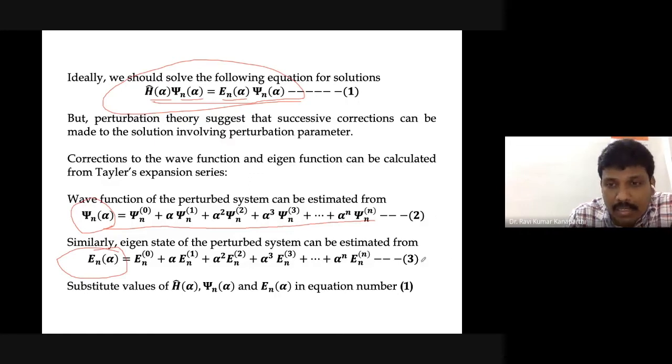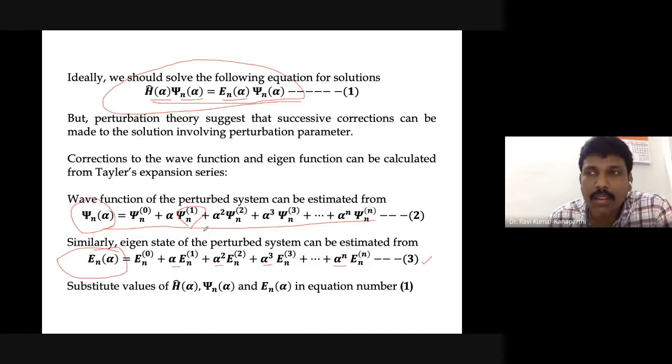Similarly, the eigenstate of the perturbed system can be calculated by using a Taylor expansion series in terms of the perturbation parameter. This is the perturbation parameter. Now in the wave function expression, you can see psi n of 1.